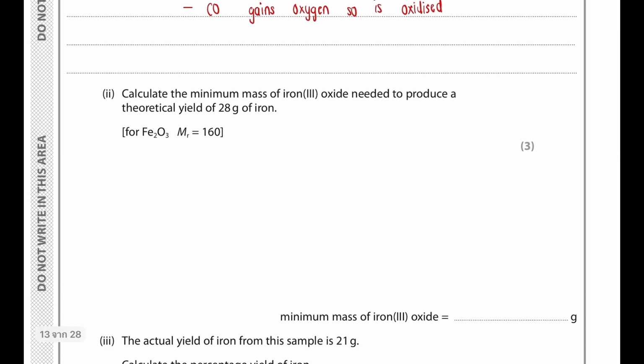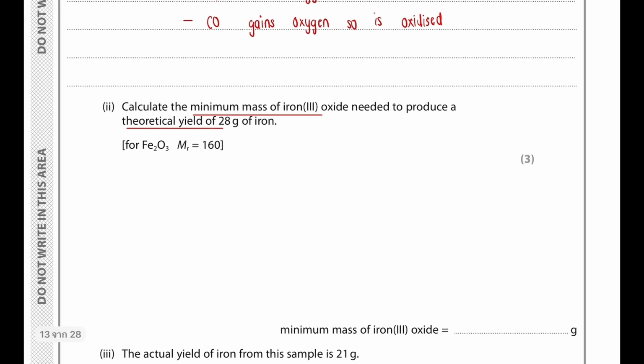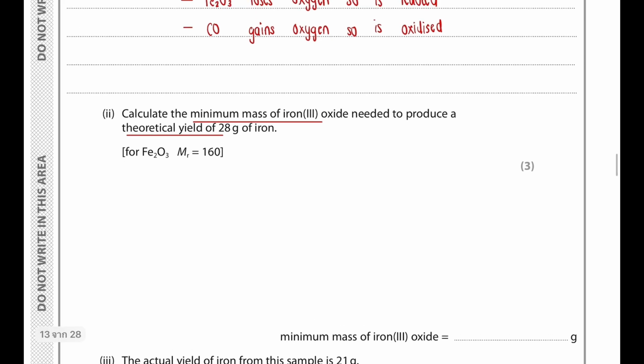Question II. Calculate the minimum mass of iron oxide needed to produce a theoretical yield of 28 grams. Okay, so we have to find the mass of iron oxide, right?